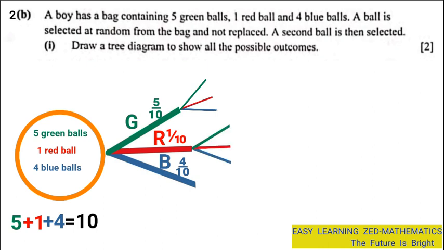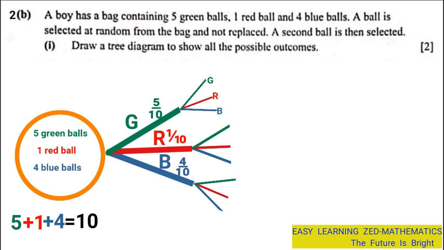If we picked the ball which is green, which has the probability of 5 over 10, what will be the probability of us picking the green ball, or the red, or even the blue ball? What would be the probability of picking a green ball when we picked a green ball at first?